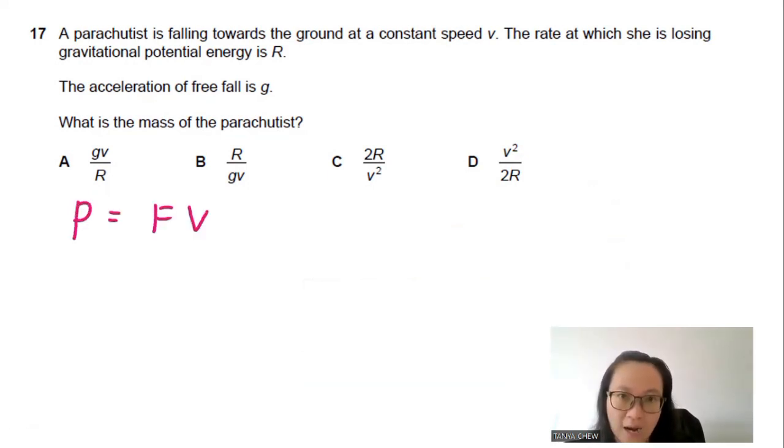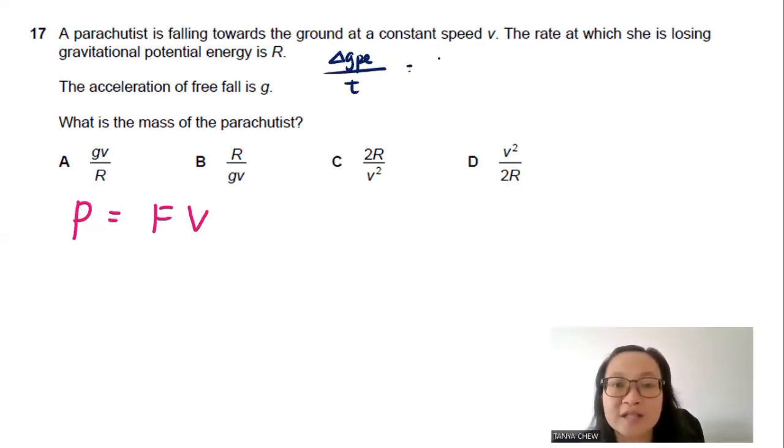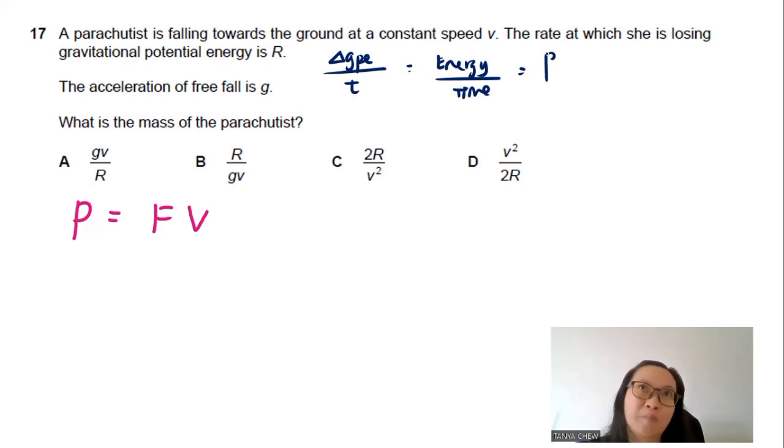Since they mentioned that the parachutist is falling at a constant speed, and they did mention the rate at which she is losing gravitational potential energy, that means delta GPE per time. This is just energy per unit time, which gives rise to power. That is why I replace it with power. Power is equal to force times the constant velocity.